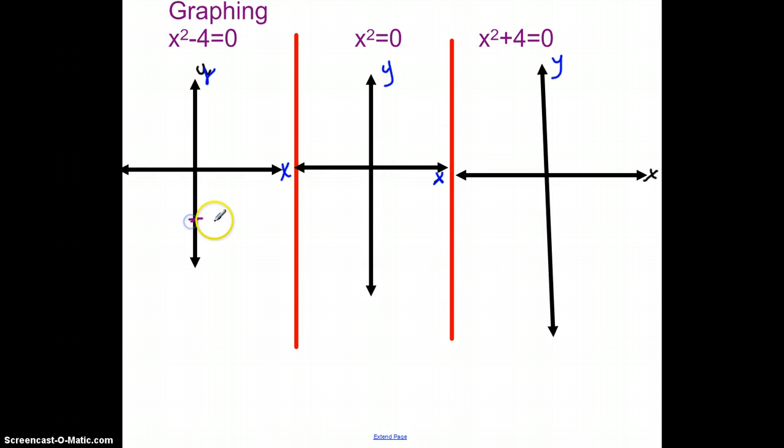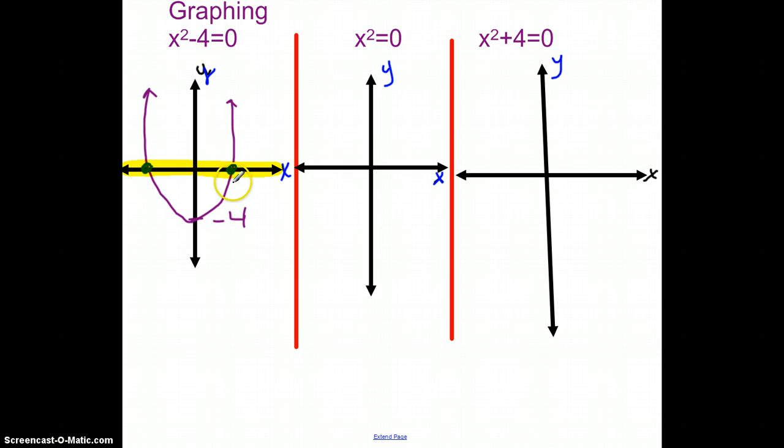So down here at -4, this would be a graph that would open up and look like this. Now when you're finding those zeros, that's when my x values are plugged in and my y is going to equal 0, where are the points actually hitting?